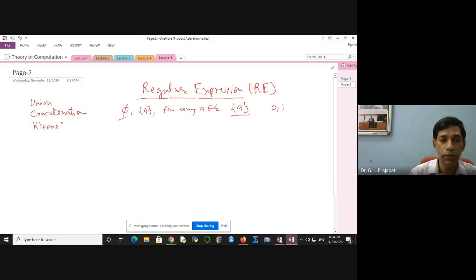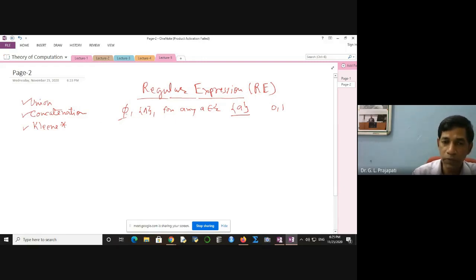So with the help of these three operations, union, concatenation, and Kleene star, starting from the basic regular languages, you can construct complex regular expressions, or complex regular languages.